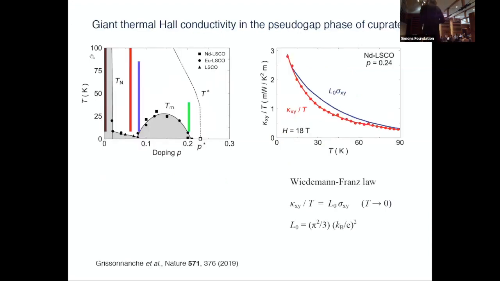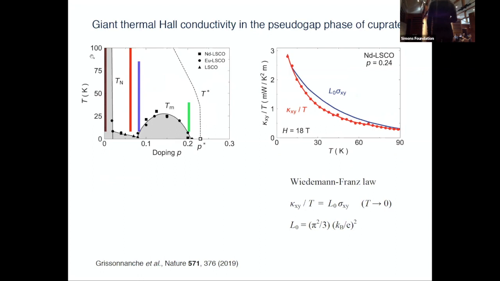But here's the data. I'm going to take you through the doping phase diagram again, starting at high doping on the same material that we looked at initially. If we go to 24% above p star, we are in the metallic phase. Again, this is in a field large enough to suppress superconductivity. And if we plot kappa_xy over T, this is the data.